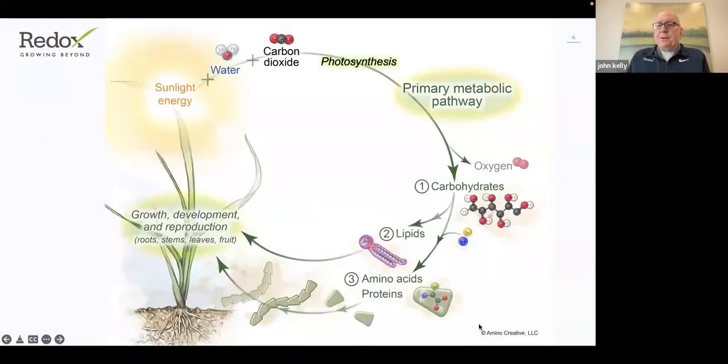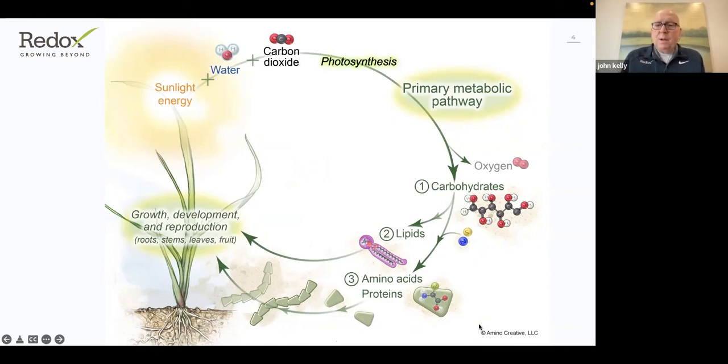In our discussion of nitrogen this morning, let's get an overview of how plants function. Plants, of course, capture sunlight energy and convert that via photosynthesis to chemical energy. The chemical form that is a byproduct of this is carbohydrates, which are carbon, hydrogen, and oxygen.